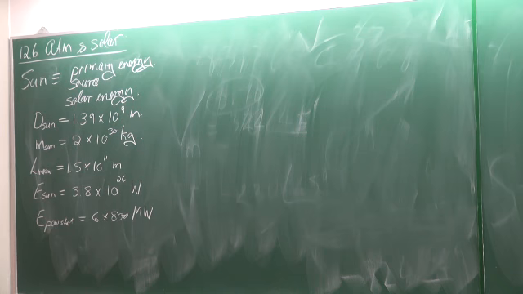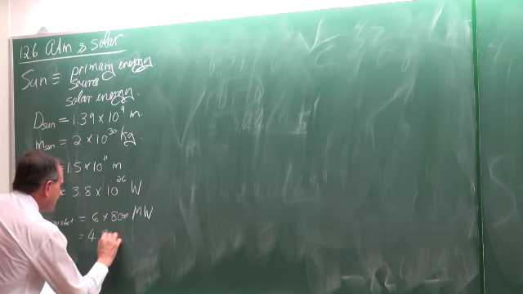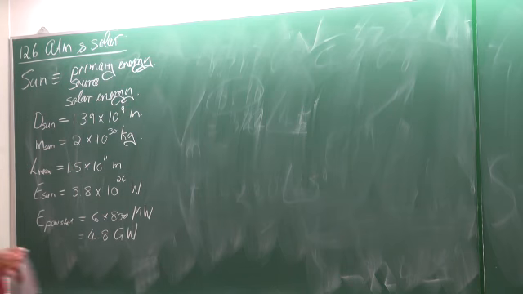That is 6 units producing approximately 800 megawatts each, which means it is 4.8 gigawatts of electricity being generated by a big power station.